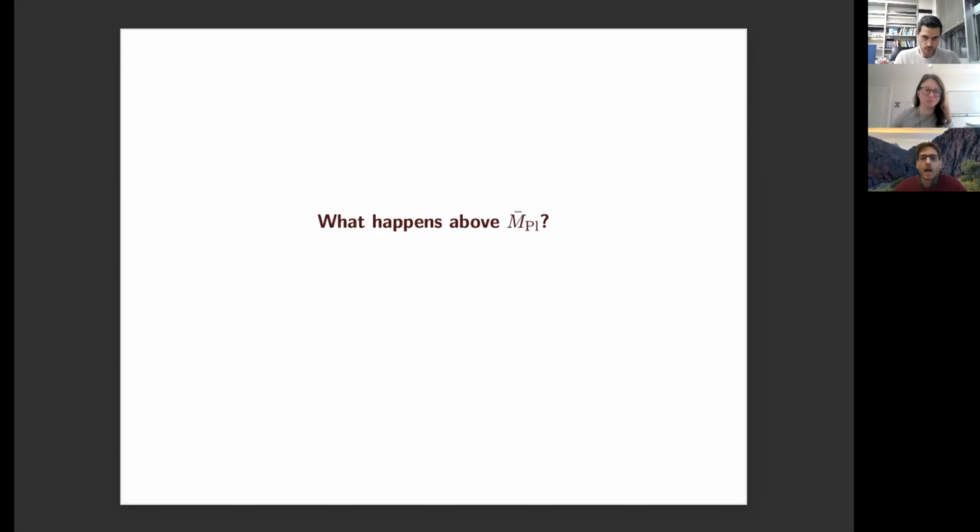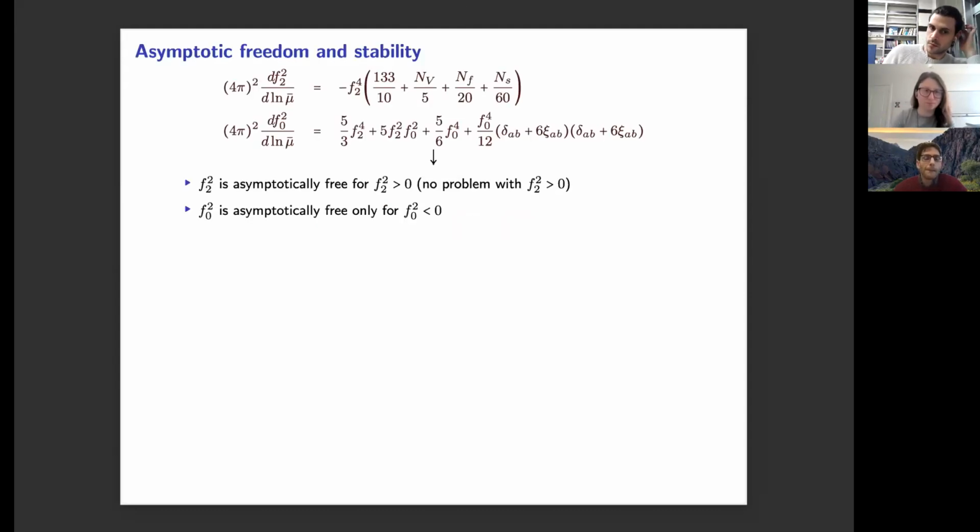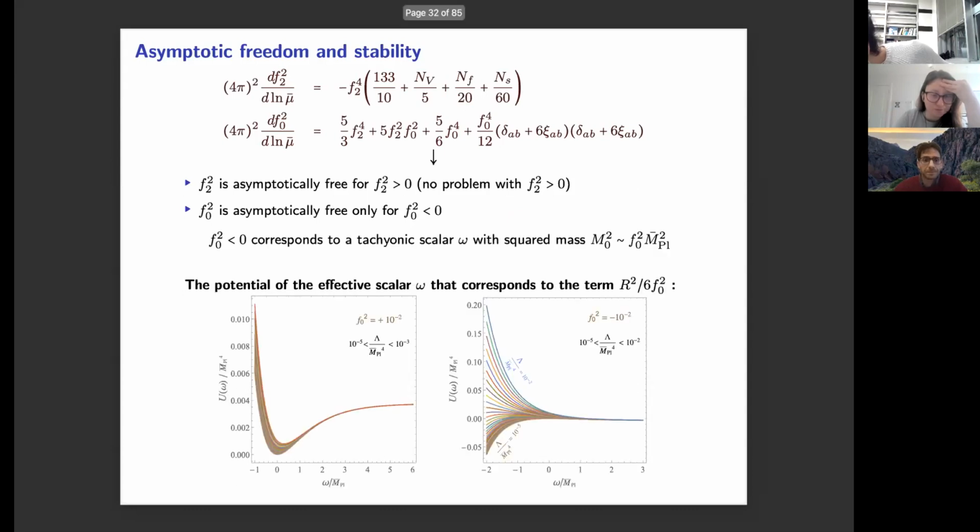Then another question now is what happens above the Planck mass. So we have a theory which basically has two parameters at high energy. One is f_2, another one is f_0. And f_2 is asymptotically free for f_2 squared positive, and there is no problem with f_2 squared positive. But f_0 is asymptotically free only for f_0 squared negative, and f_0 squared negative corresponds to a tachyon, a scalar tachyon.